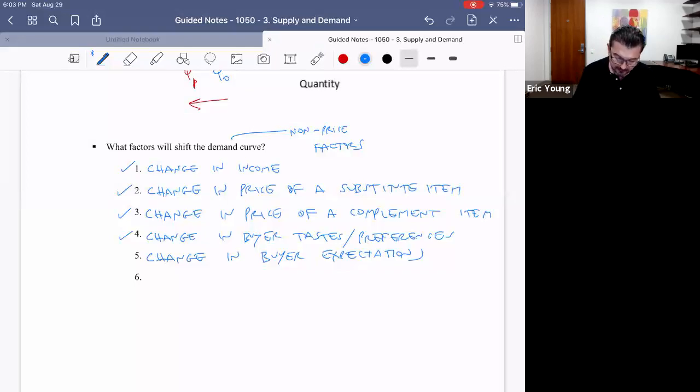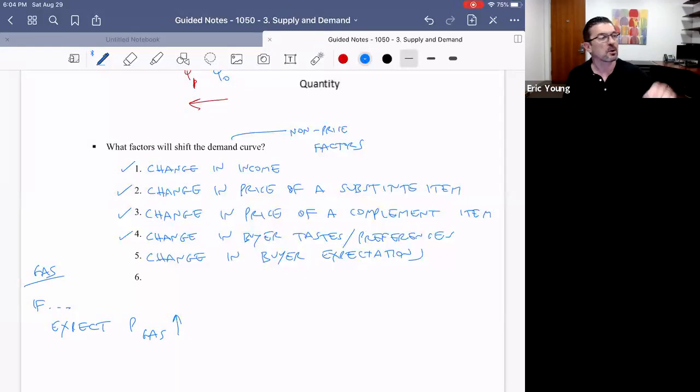So if, for example, we're talking about gasoline, you need to put some gas in your car. If you expect the price of gas to go up next week, would you rather fill up today at the low price or wait till next week at the high price?